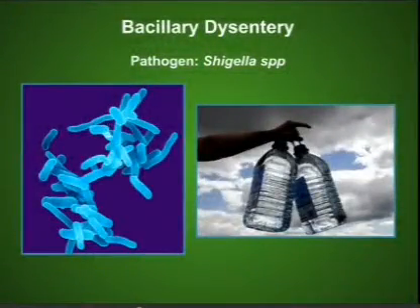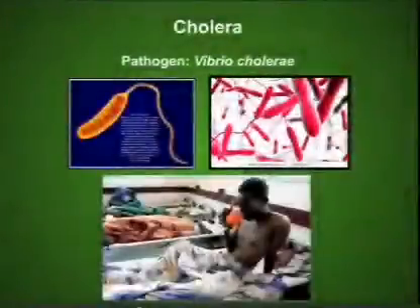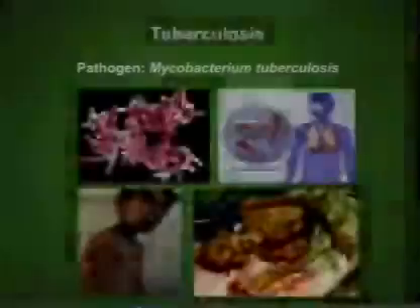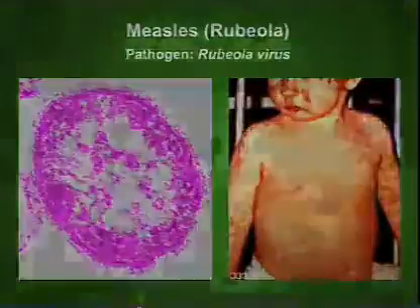All these diseases are very dangerous, and some of them have already been eradicated from the world completely. And we have so many vaccination programs also. Just because of certain vaccination programs, we have now controlled these diseases up to a certain limit or completely.